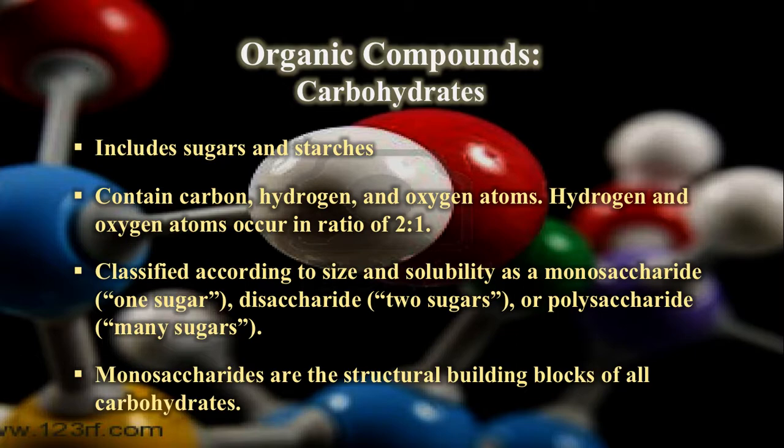Those are the smallest sugars, and when you see them in a picture, which will be on the next slide, they're just one ring. If we put two of those monosaccharides together, what do we end up with? A disaccharide. And if we put many monosaccharides together, we end up with a polysaccharide. So what's our polymer? A polysaccharide.